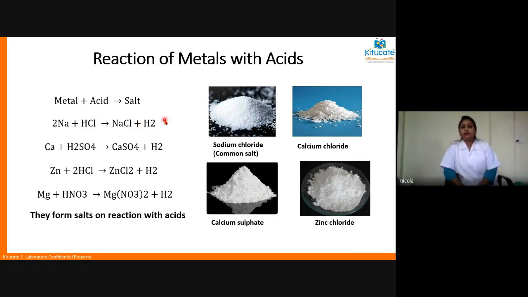But non-metals do not usually react with acids. So metals react with acid to form a salt and hydrogen gas is evolved, but non-metals don't react with acids.